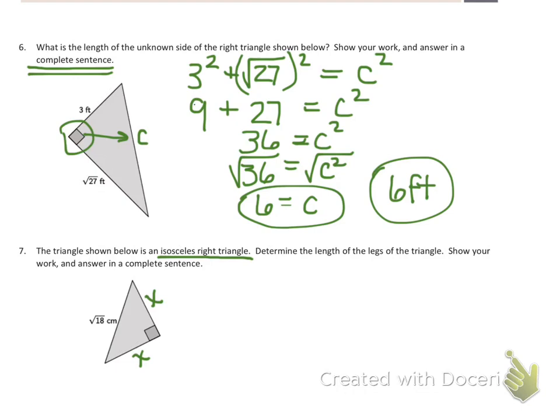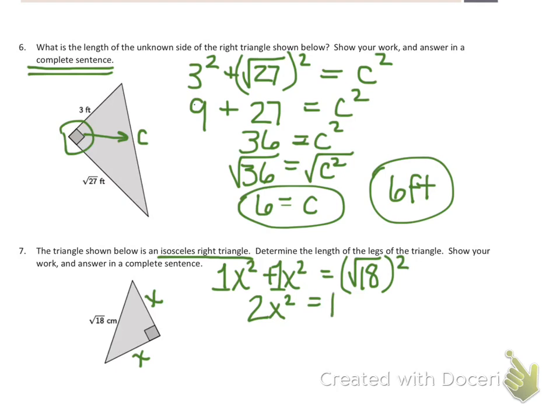Okay, so the Pythagorean relationship would look like this. We'd have x squared plus x squared is equal to the square root of 18 squared. And we know our answer is going to end up in centimeters. So x squared plus x squared, basically we have 1x squared plus 1x squared. So this is 2x squared is equal to the square root of 18 squared, which is 18.